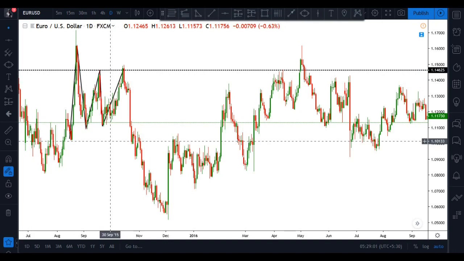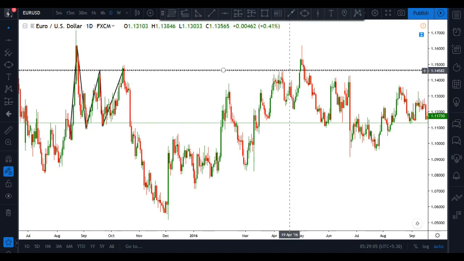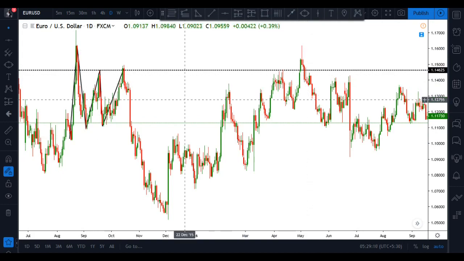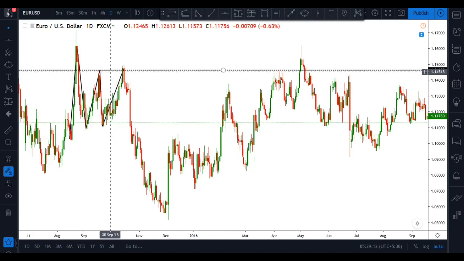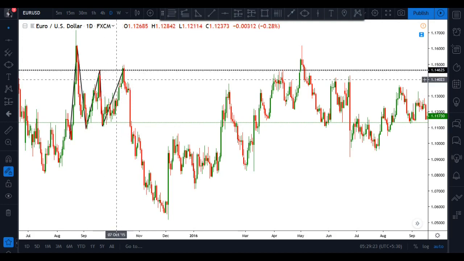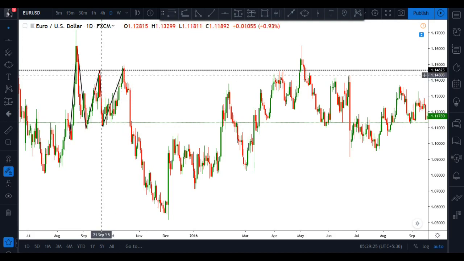Here we have 1, 2, 3, and that's enough. Each and every time the market reached this particular structure level, it pushed the market down. So it means there is selling pressure present at this structure level. We call these types of structure levels resistance levels because they resist the market going up.